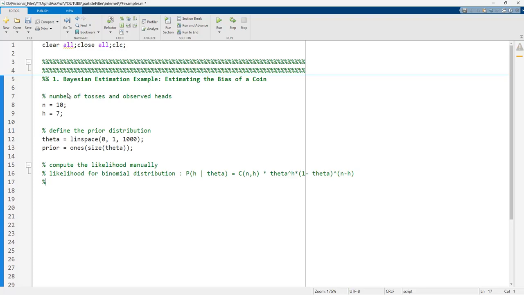This is our formula, and after that we need to compute the binomial coefficients.